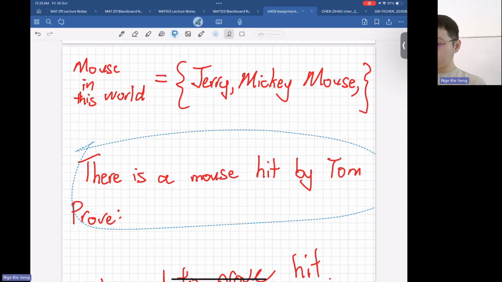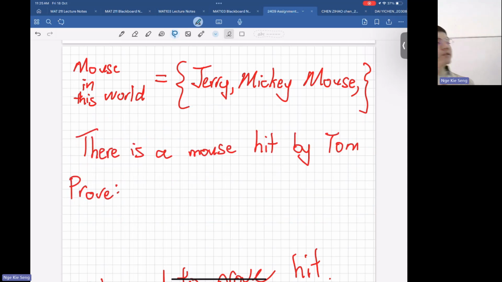Okay, so let's see this case here. Let's define there are 2 mice in this world only. I want to find another one, but I can't find it. But never mind, 2 mice. Jerry and Mickey Mouse. Ratatouille. Ratatouille is a mouse, right?